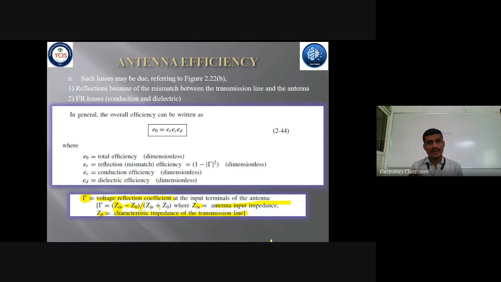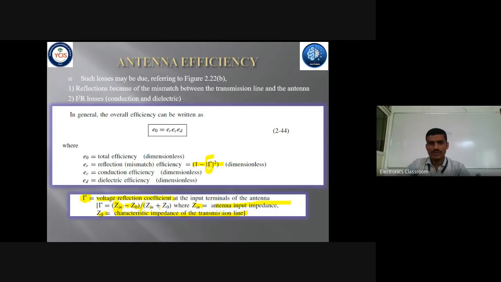And when the voltage reflection coefficient squared is subtracted from 1, we can calculate the reflection efficiency, that is ER. That is, ER is equal to 1 minus the voltage reflection coefficient squared. And this voltage reflection coefficient may be calculated by using the antenna input impedance and the characteristic impedance of the transmission line.